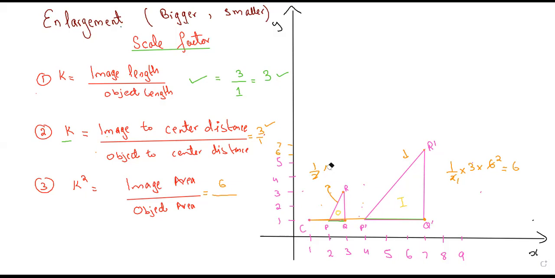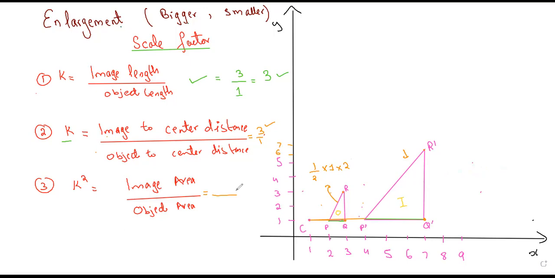So one by 2, the base is 1 unit and the height is 2 units.